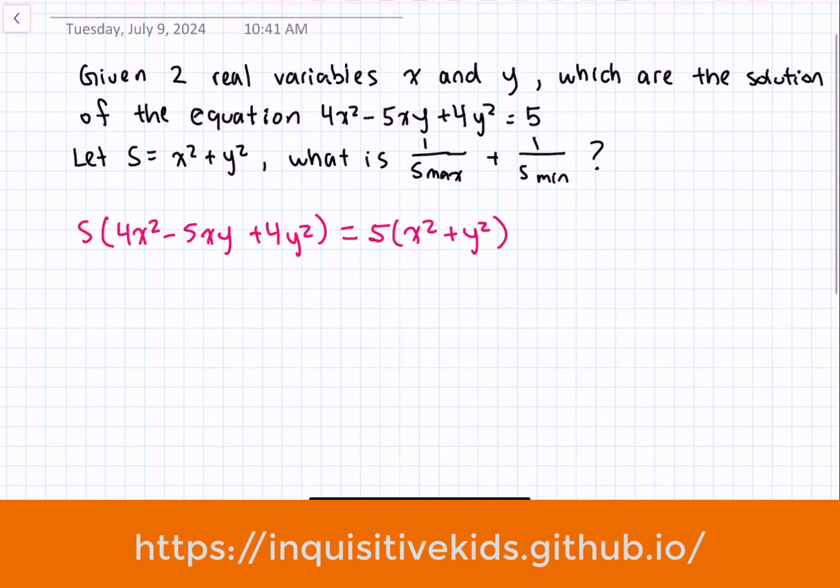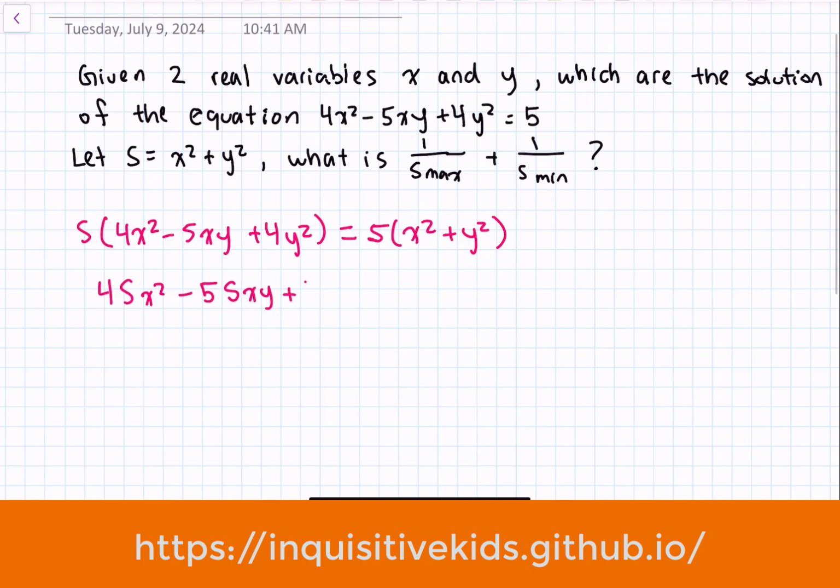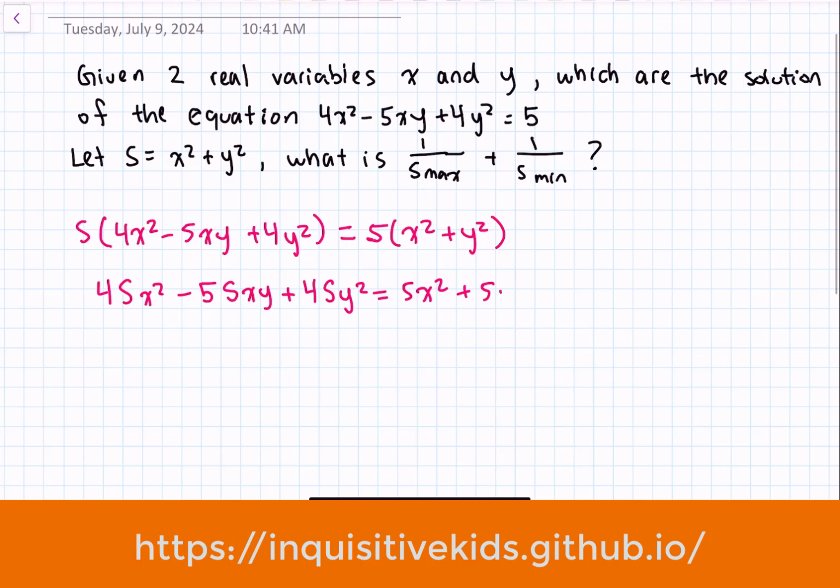And we're going to distribute it. So we get 4s x squared minus 5sxy plus 4sy squared is equal to 5x squared plus 5y squared.